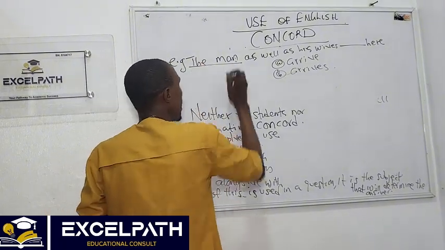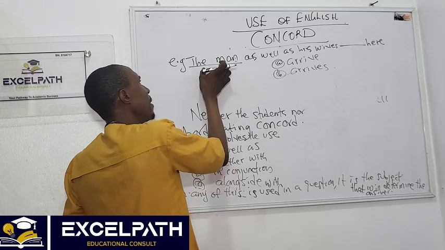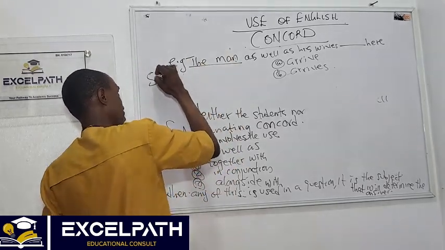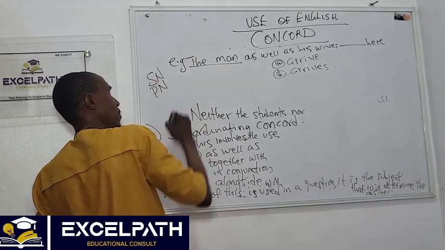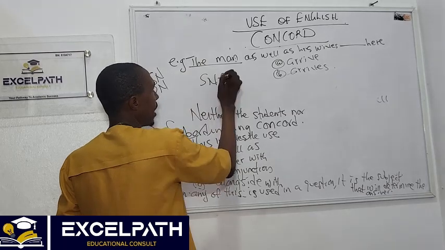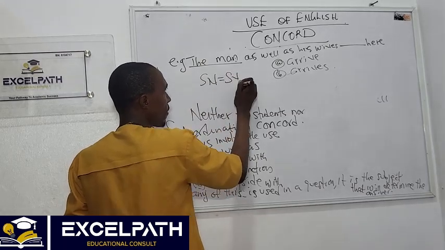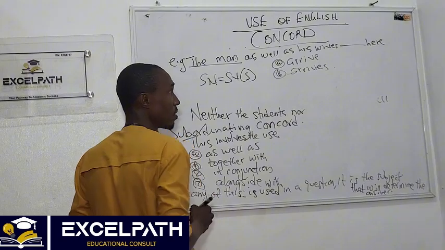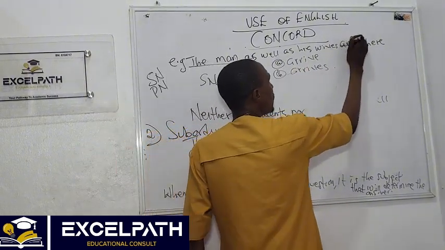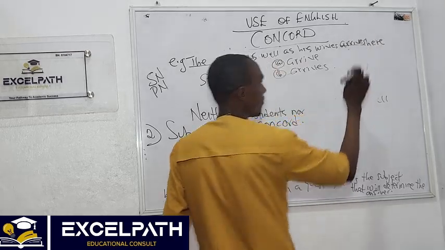And what's the subject here? The man. Since the man is the subject, you ask yourself, is it singular noun or plural noun? From this question, this is a singular noun, and your singular noun must go with a singular verb, and your singular verb must carry S. So the man as well as his wife arrives here.